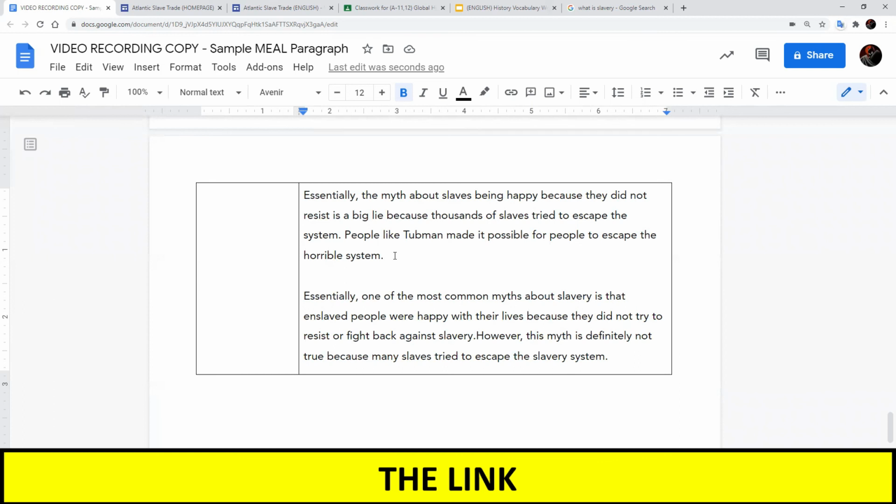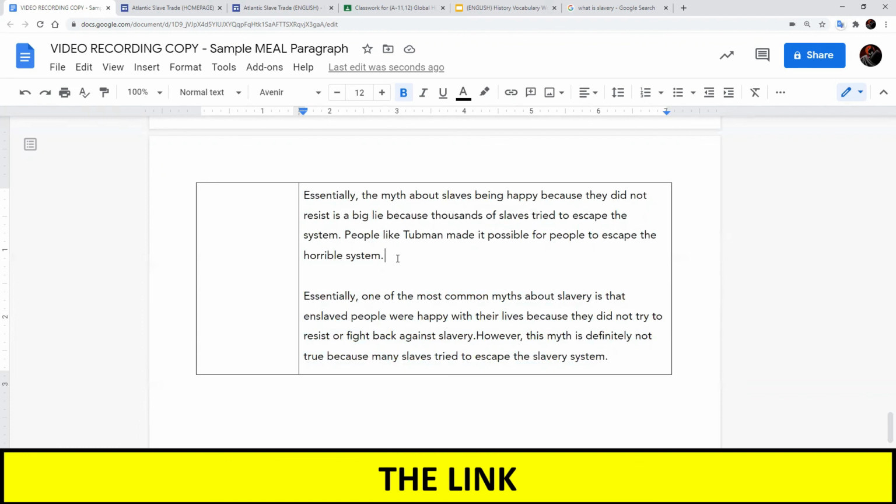So if you are just starting off with writing meal paragraphs, I think the copy and paste method, the second option, is fine. It's a way to make sure that the claim and the link are basically the same. However, if you think you can summarize the paragraph in your own words, then you can also try that method.